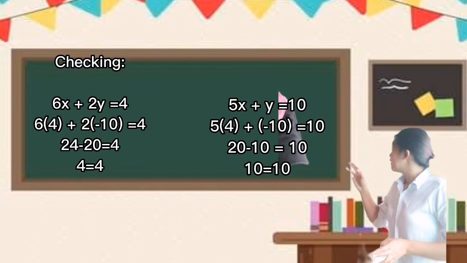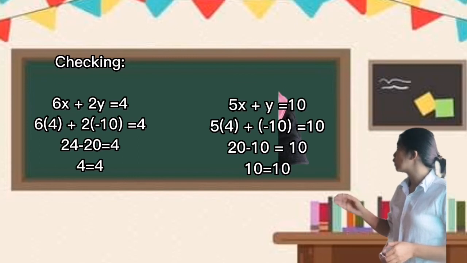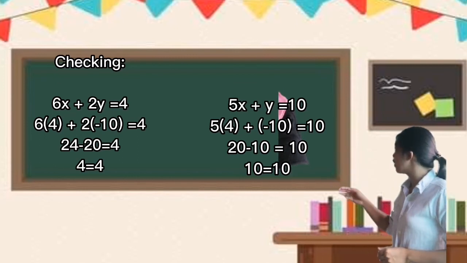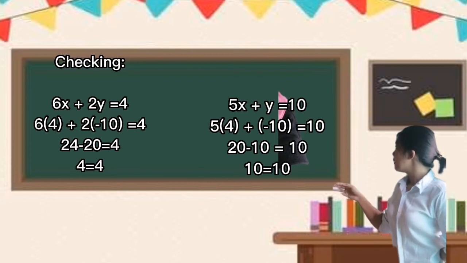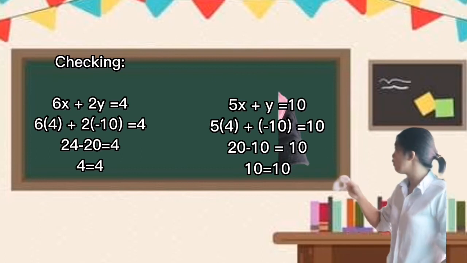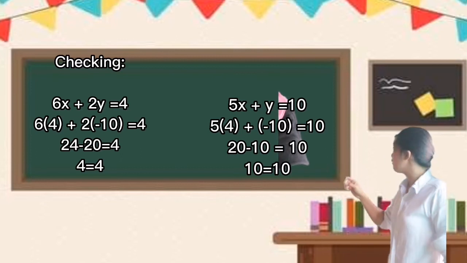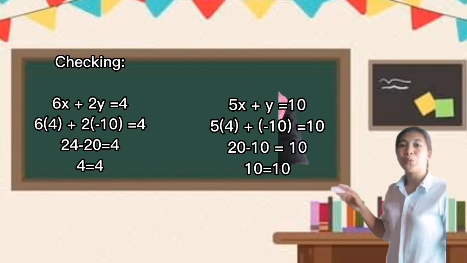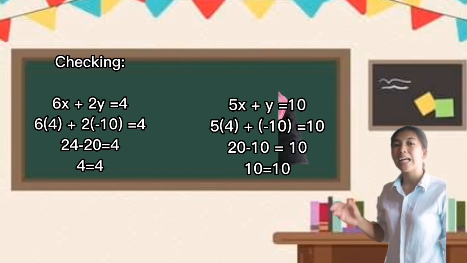So 6 times 4, we have 24, and minus 20 is equal to 4. So 24 minus 20 is 4. So we have 4 is equal to 4, which means the equation is true.